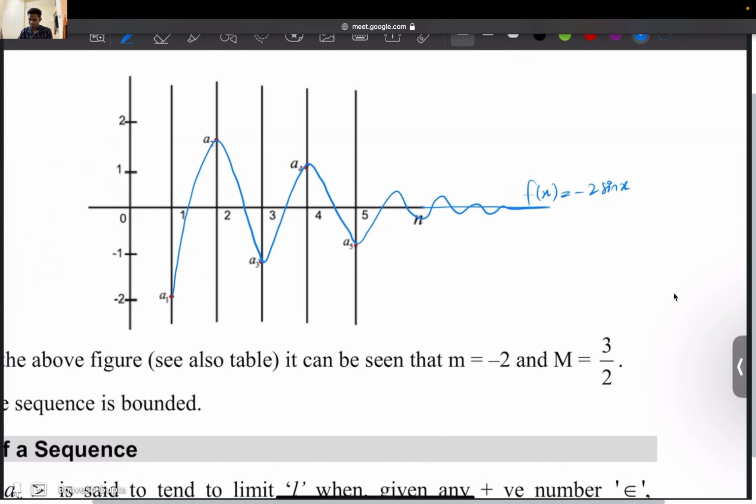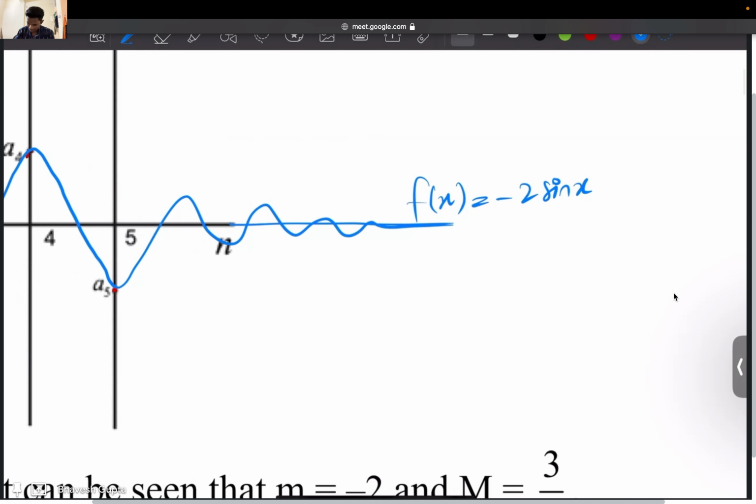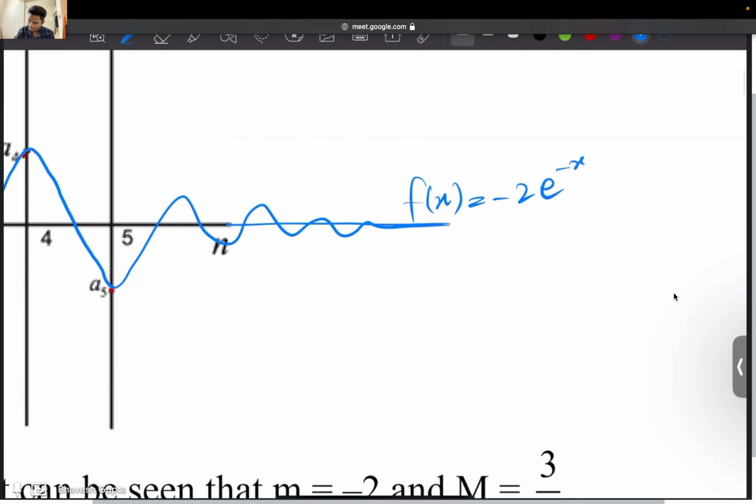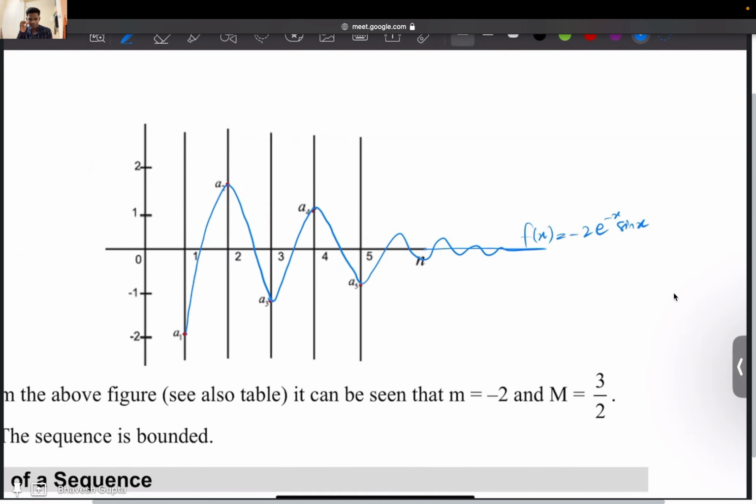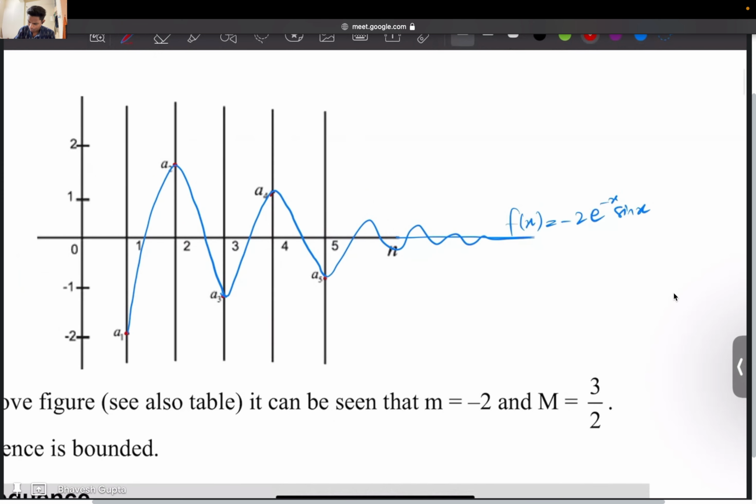And you can see there is some damping factor as well. Let me add this damping factor, minus x sin x. And you can see what I'm doing here. Basically, I'm selecting special points from this function, this, this, this.